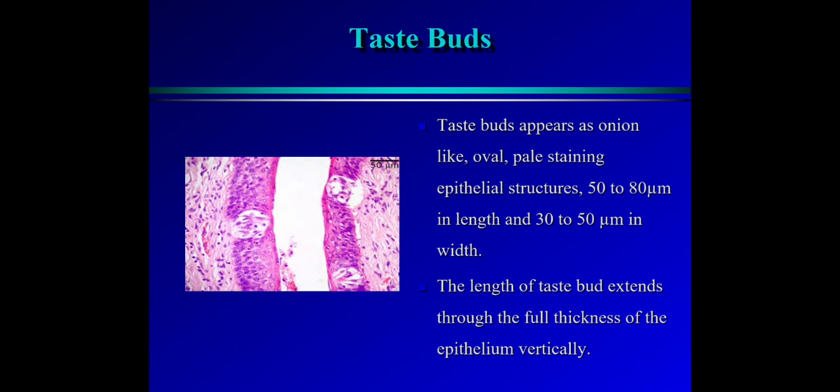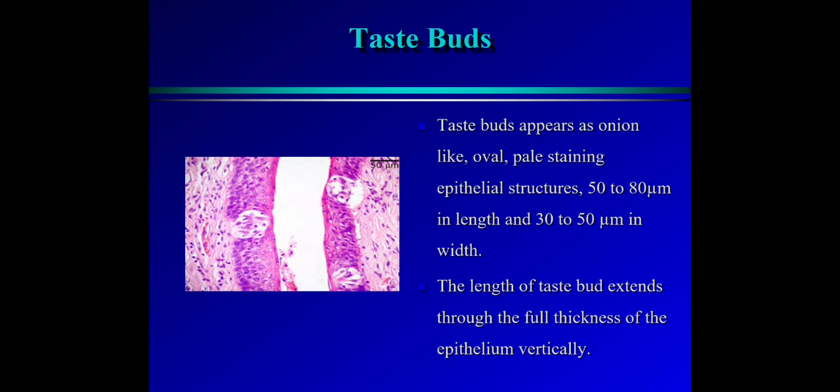The taste buds appear like a cut onion. They are oval or pale staining epithelial structures. They are 50 to 80 micrometers in length and 30 to 50 micrometers in width. Here this is the length, 50 to 80 micrometers, and this is the width, 30 to 50 micrometers.